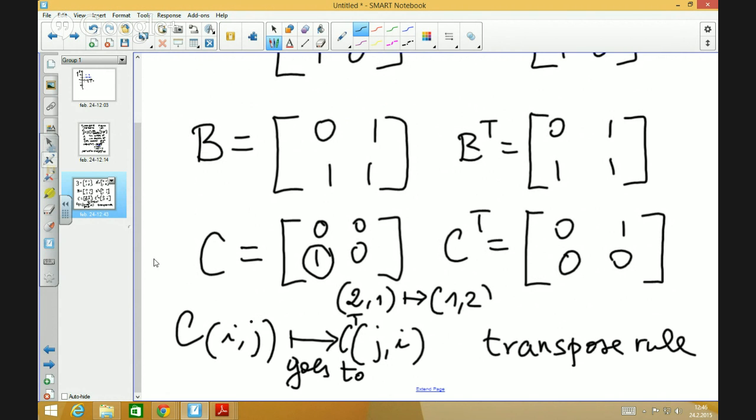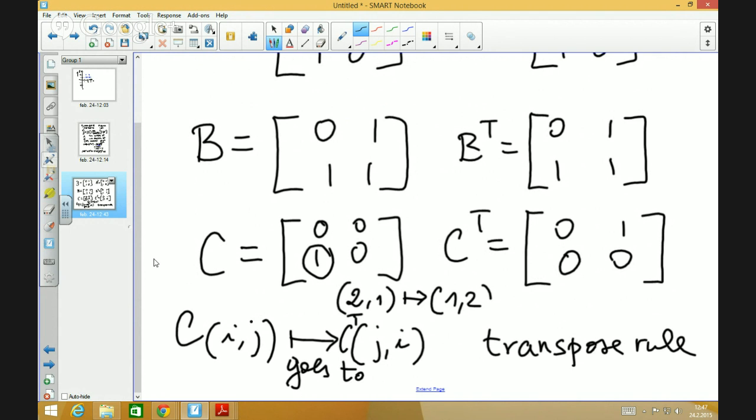We haven't started the part about functions yet. Just goes to, becomes. Allow me to be informal sometimes. Okay? Did you see the transpose at some point in your previous lives? I guess so. Fantastic.